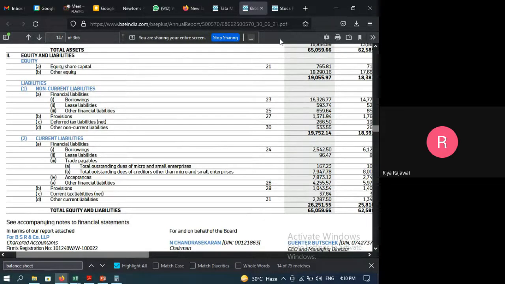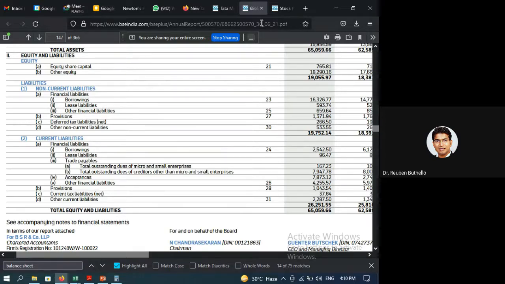Yes, sir. So, on a very long term, which liability is the longest? Equity, because the shareholders are stuck forever, correct? As long as the company exists, the shareholders will exist. So, right on top is my equity. And how much is my equity?